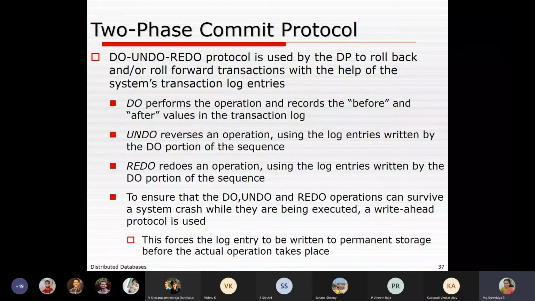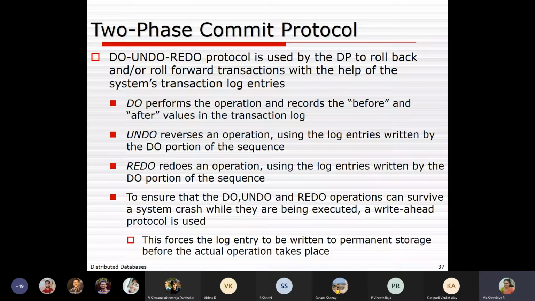That means whatever happens, if the system crashes at first, nothing will happen. Suppose I make my log entry, then the system crashes, the data is still not updated. I just have a log entry. So when I compare my data, I will realize that my log entry has done the write-ahead part but not performed the operation. I can still erase that entry in the log and then continue with my operation.